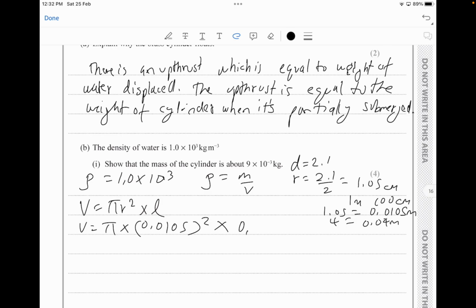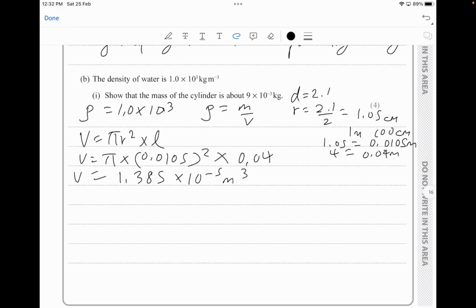So the volume in this case is going to be pi times 0.0105 raised to the power 2 times 0.04, which is going to give us a value of about 1.385 times 10 raised to the power negative 5 meter cubed. Okay, the volume is in meter cubed.